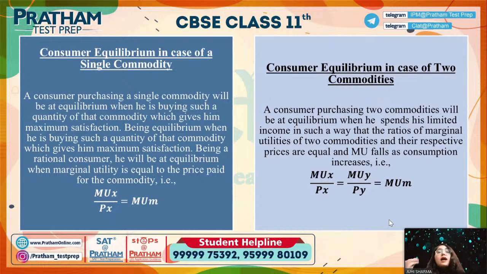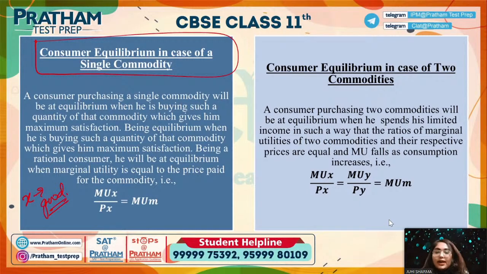The marginal utility. So let's say I'm talking about a single commodity case, the marginal utility of the good X. Suppose we have kept the good as X. So the consumer will be very rational.